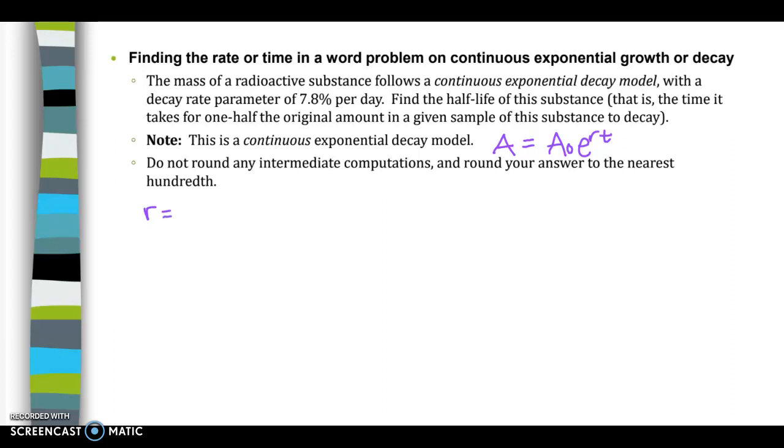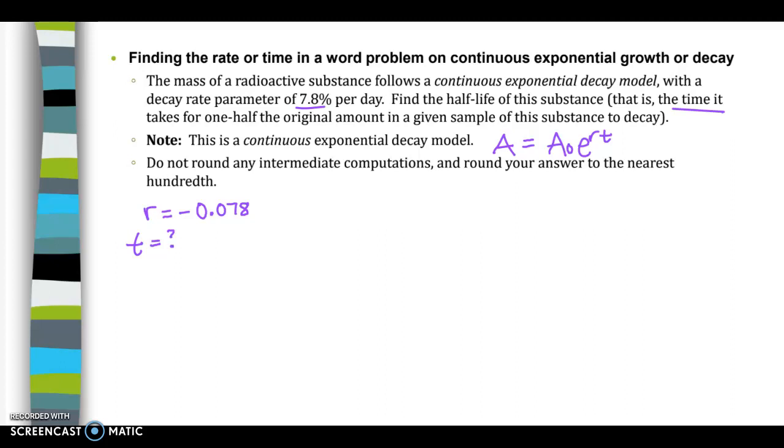So R equals 7.8%, but it's a decay model, so it's negative 0.078. It says find the half-life of the substance, or the time it takes for 1/2 of the original amount in a given sample of the substance to decay. So we're trying to find time.